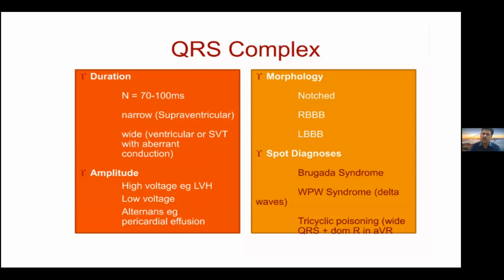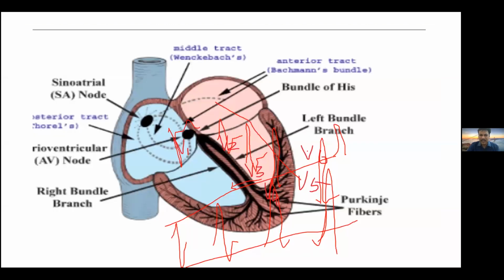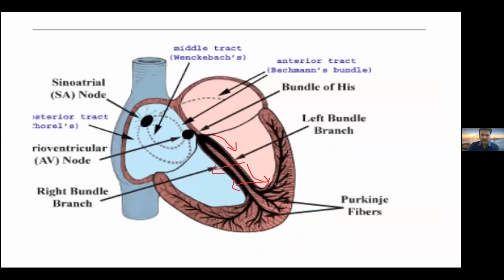Whenever the QRS complex is high, say whenever LVH is there, when LVH is happening, the left ventricle is thickened like this. So the impulse from endocardium to epicardium has to travel a longer time. Generally the height of the R wave in V5 is say 15 millimeter.